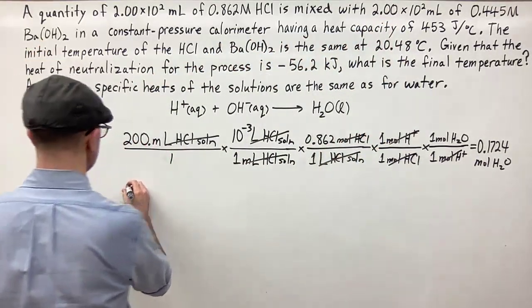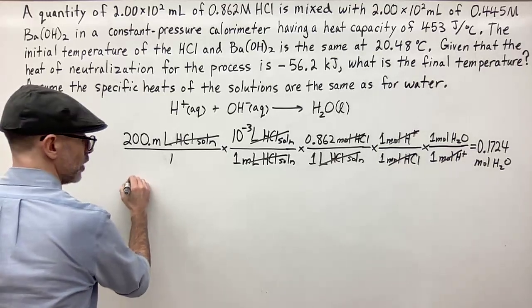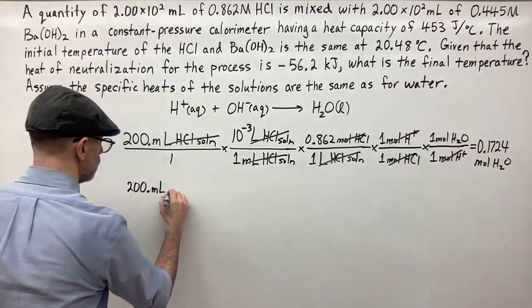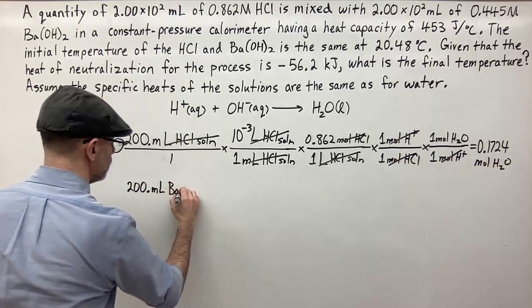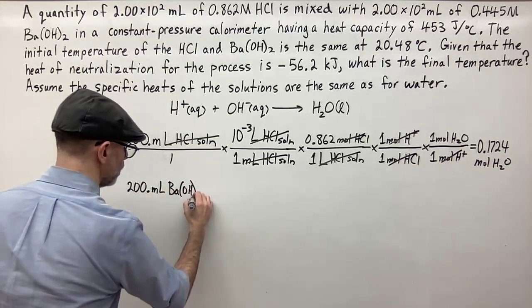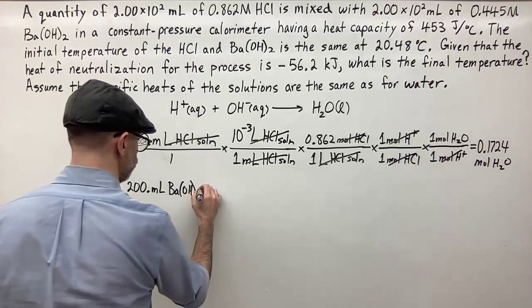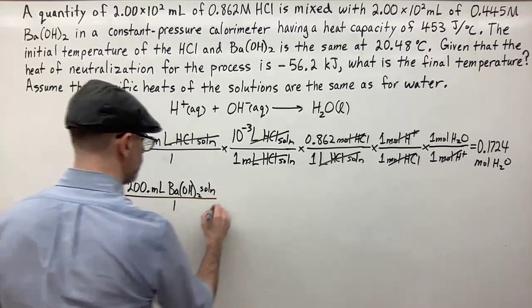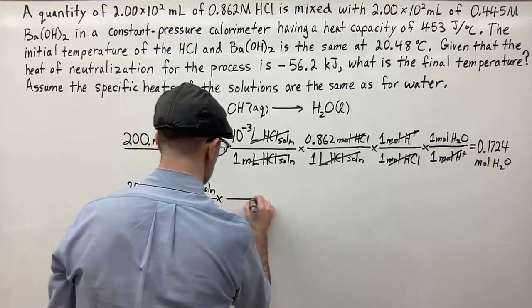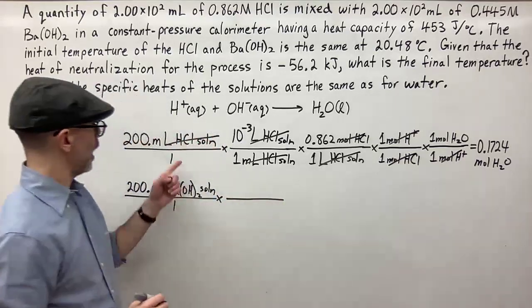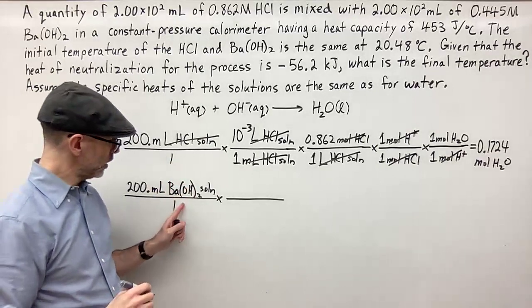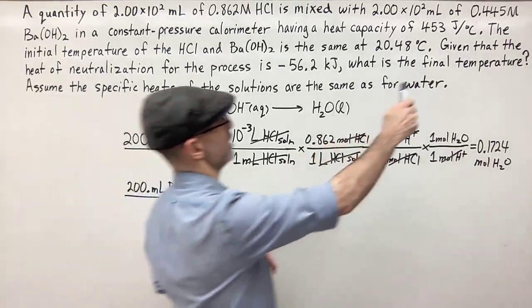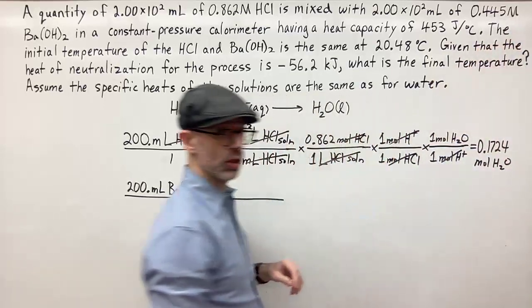So here, again, I'm going to start with 200 milliliters of the barium hydroxide solution over 1. I'm going to convert milliliters to liters again because I want to use the molarity. So the molarity is 0.445 molar.